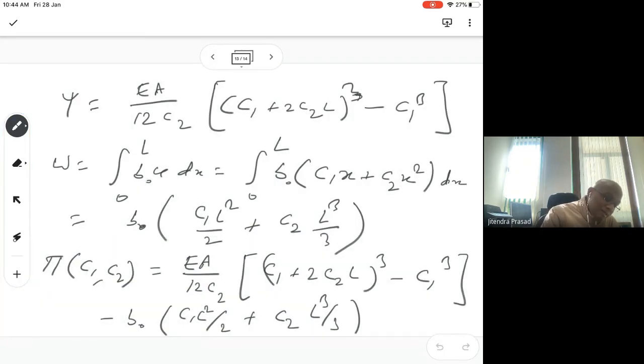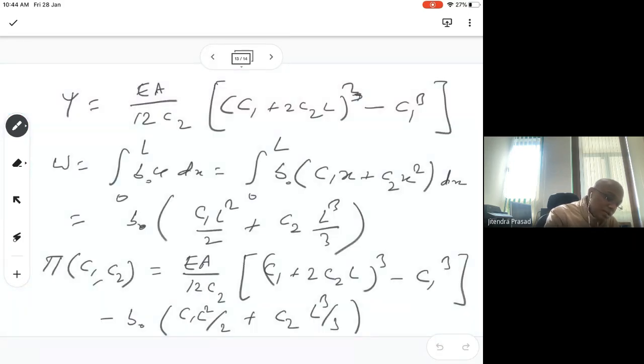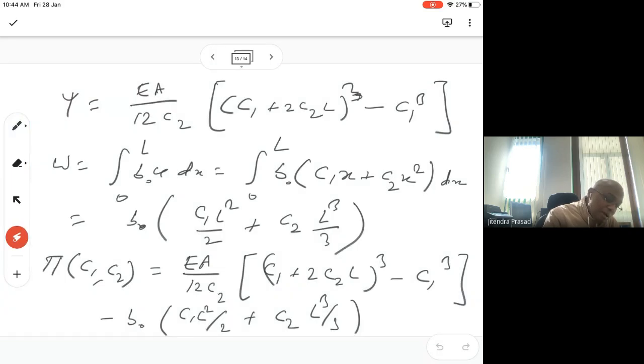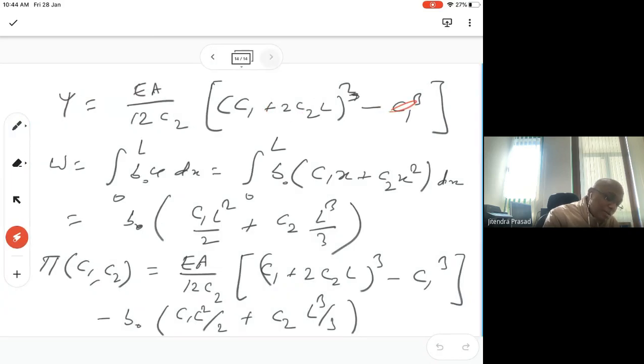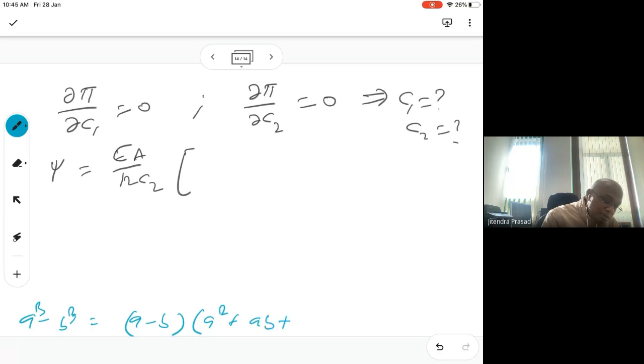Okay, so let's look at that. Let's simplify. Psi will be equal to EA over 12 C2, and then we will have this minus this. So what is the equation? You remember when you have a cube minus b cube is equal to a minus b, a square plus ab plus b square.